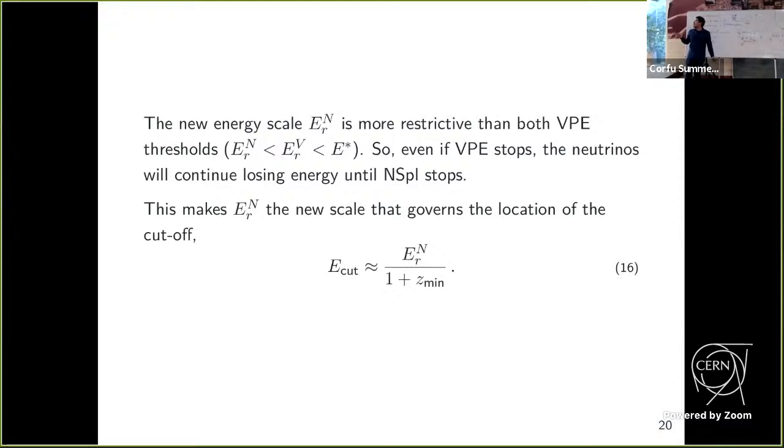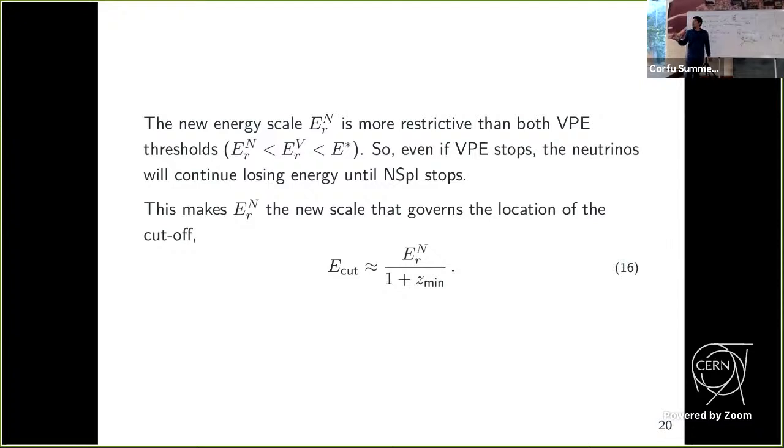You can see this by thinking of the example that even if the neutrino has reached the pair production threshold, if it has enough energy to produce neutrino splitting, it will continue losing energy until it reaches the effective threshold of the neutrino splitting. So now, as the dominant energy scale that governs the cutoff of the process is the effective threshold of the neutrino splitting, the new location of the cutoff is the energy scale of the neutrino splitting divided by 1 plus the closest source.